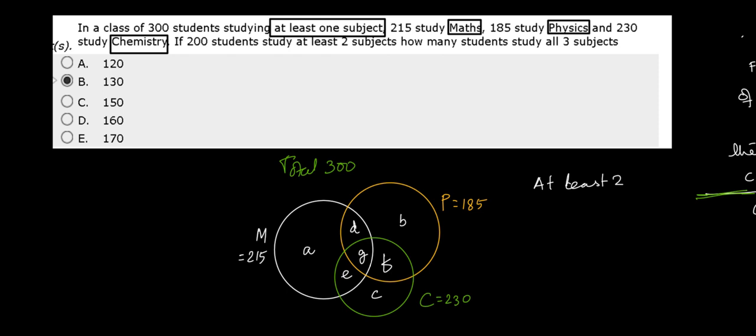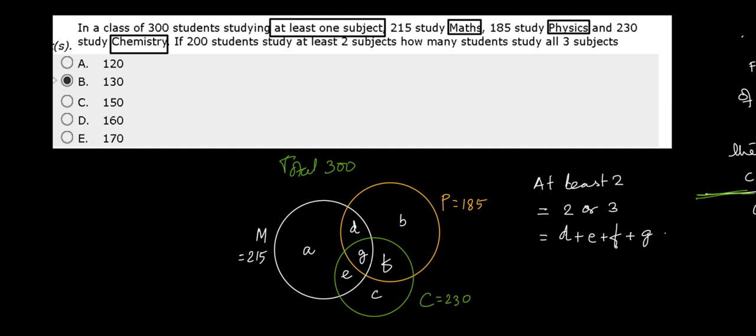Two subjects means D plus E plus F, and three subjects means G. So at least two means D plus E plus F plus G.